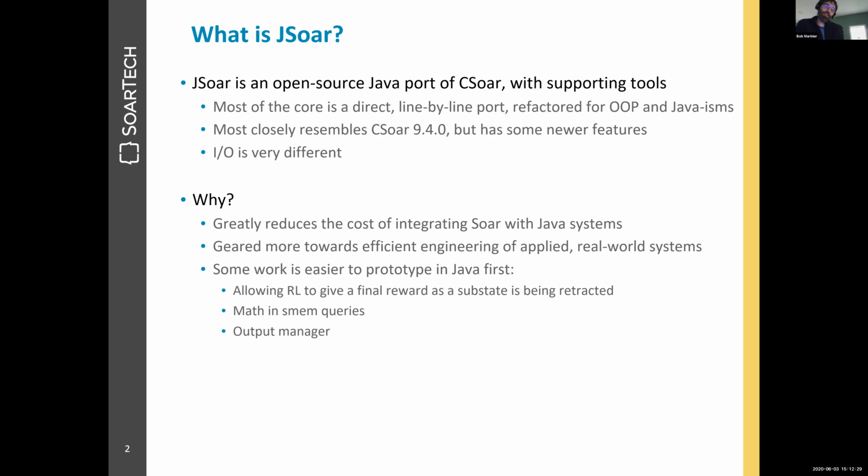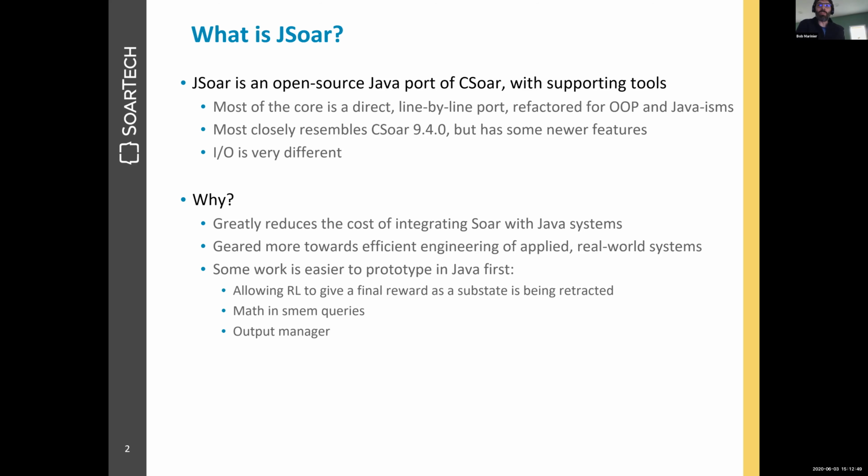We have non-Java applications as well, and for those we would typically use CSoar. We're much more concerned about the engineering side as opposed to the research side. And sometimes it's actually easier to prototype work. I would actually say it's always easier to prototype work in Java first.